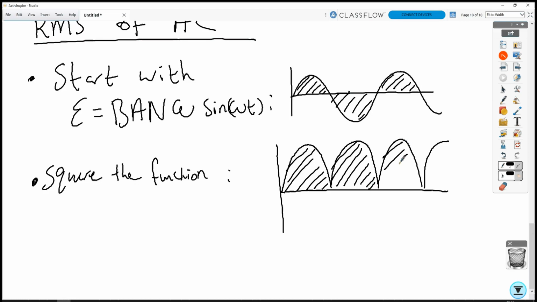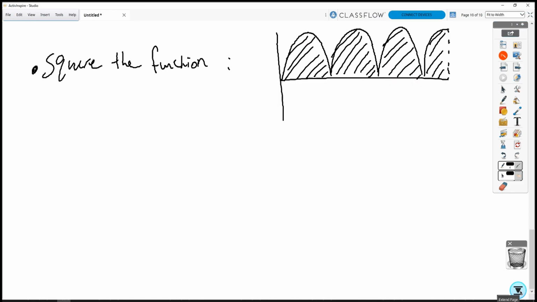So that turns everything into a positive, but also makes it larger. Now we find the average of it. So take the mean of the squared function.